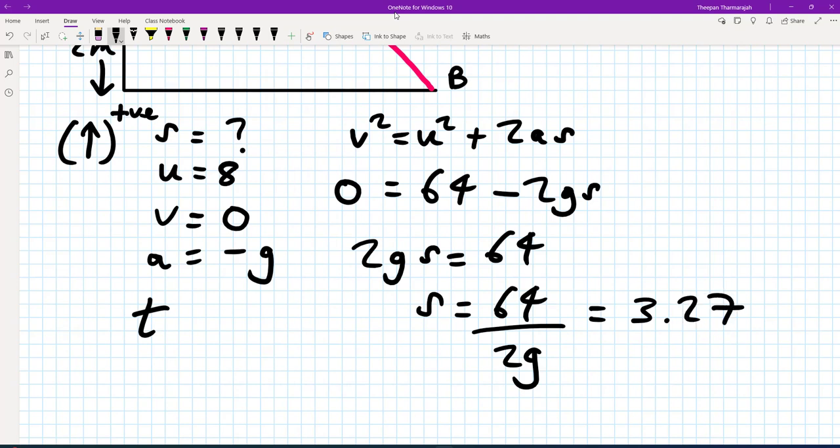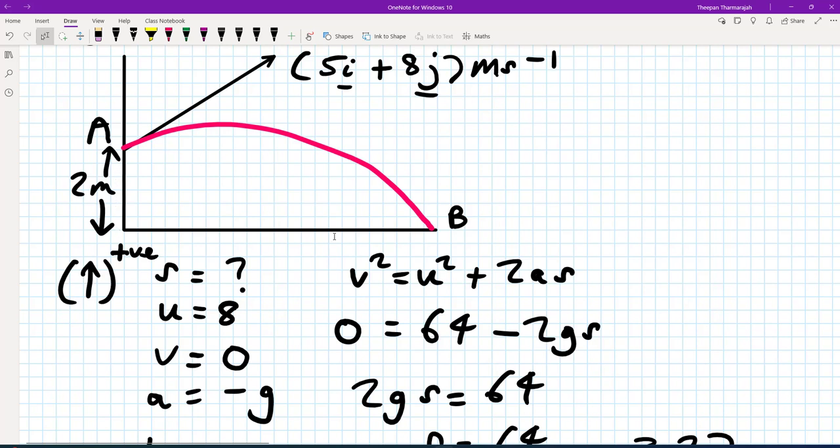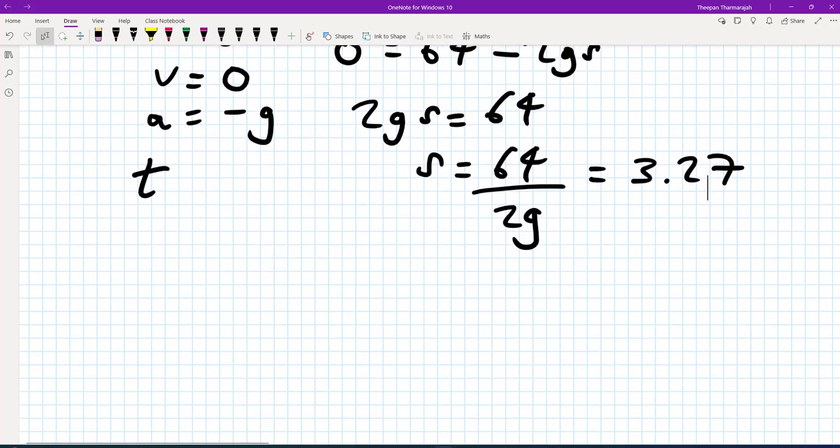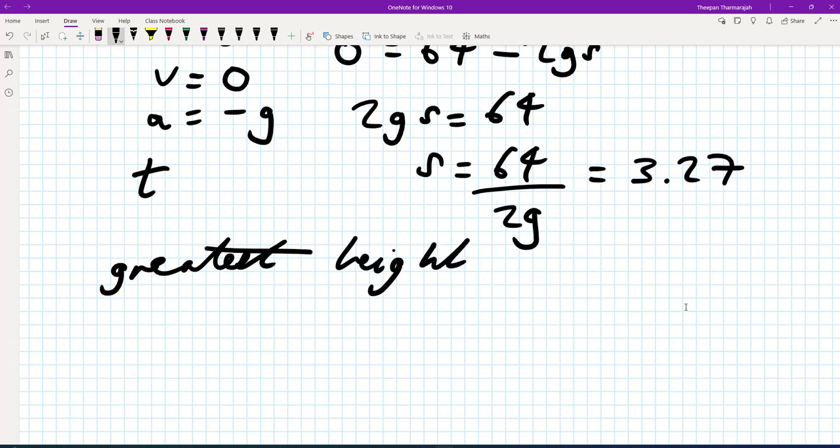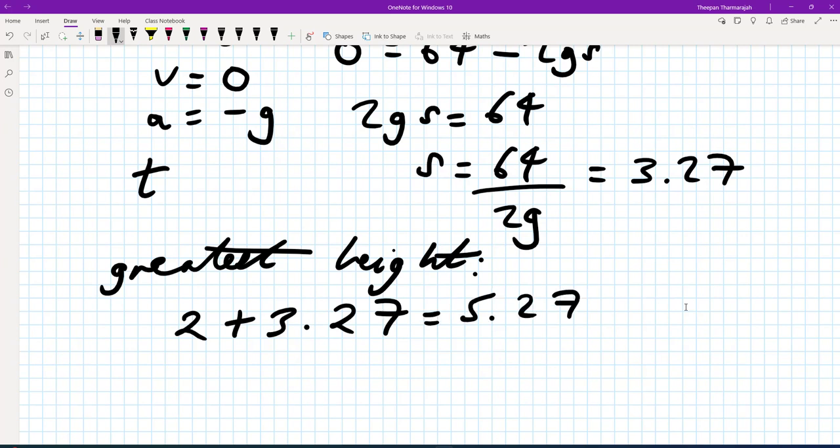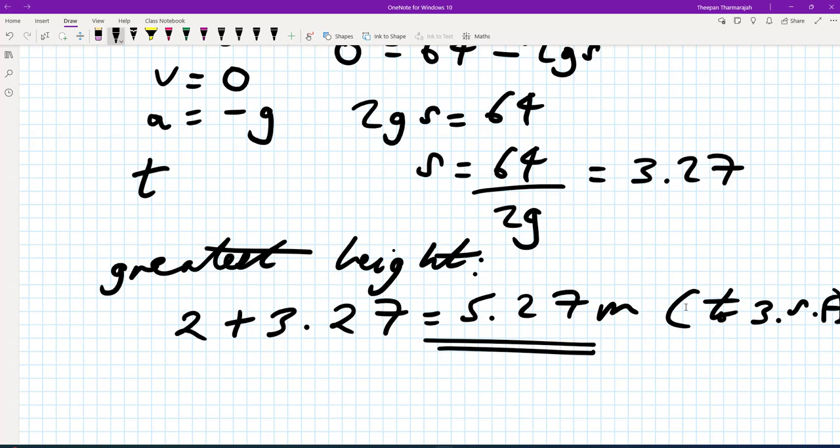But the question's asking for the greatest height, so we need to add on the 2 meters. So the greatest height reached will be 2 plus 3.27, which is 5.27 meters, correct to 3 significant figures.